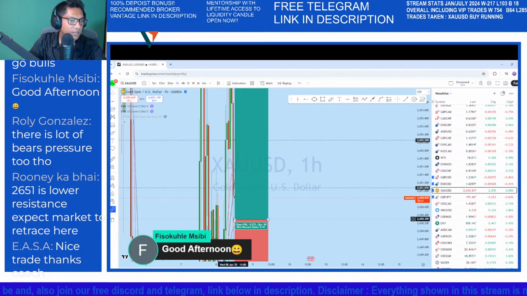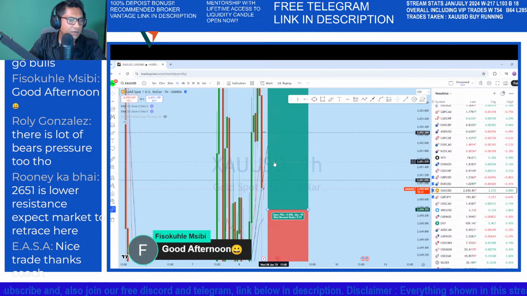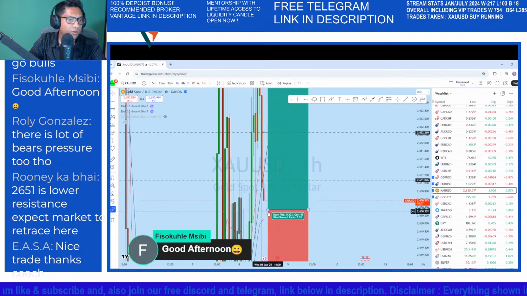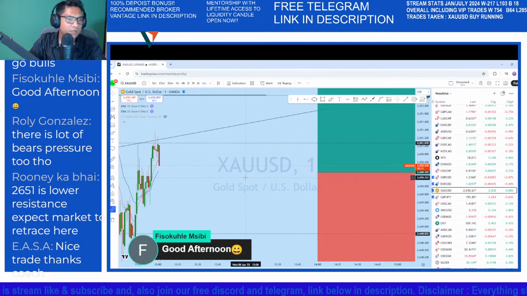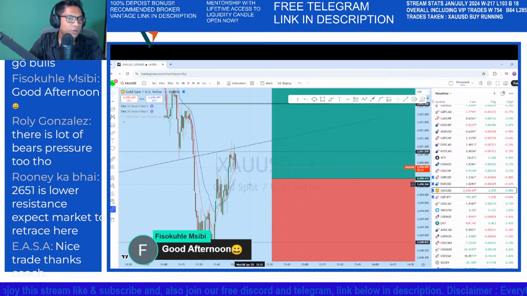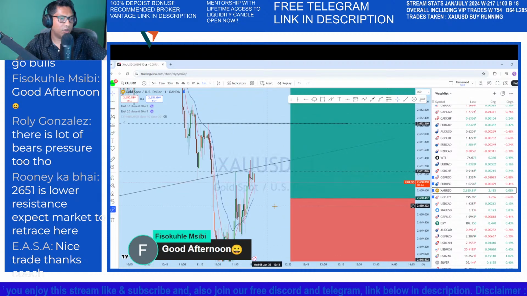Let's look at again. And there's a very long rejection here. Therefore, possibility for going up is higher, but at the same time, we see some. Okay, so this 1 minute candle again, grabbing more liquidity here.